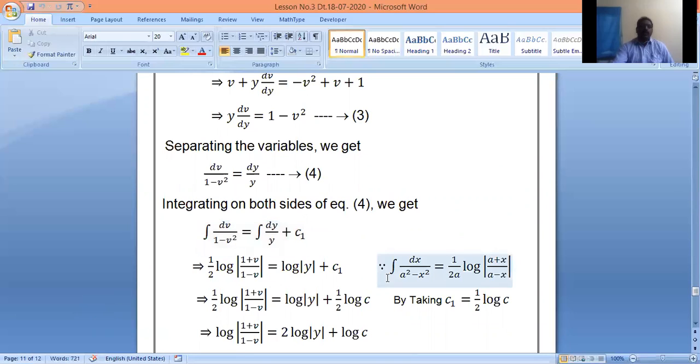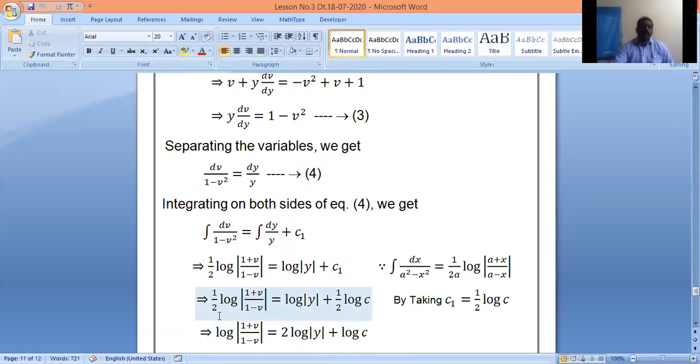We know that the integral of dx/(a² − x²) is (1/2a) log|(a + x)/(a − x)|. By using this formula, ∫dv/(1 − v²) can be written as (1/2) log|(1 + v)/(1 − v)|, equal to ∫dy/y, which is log|y| + c1.